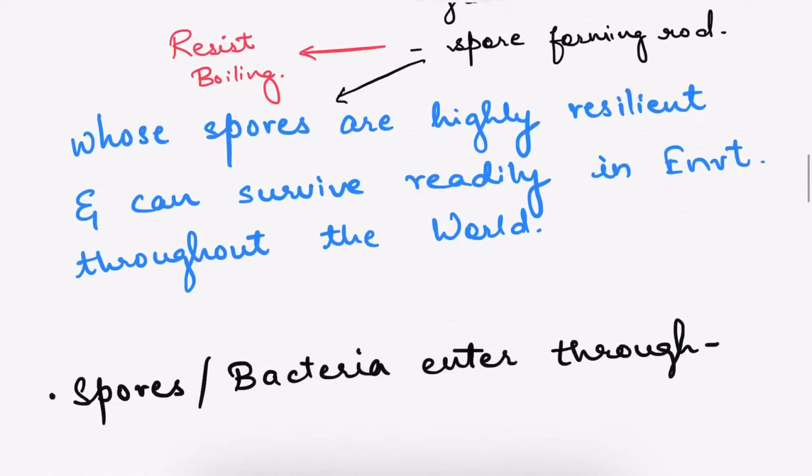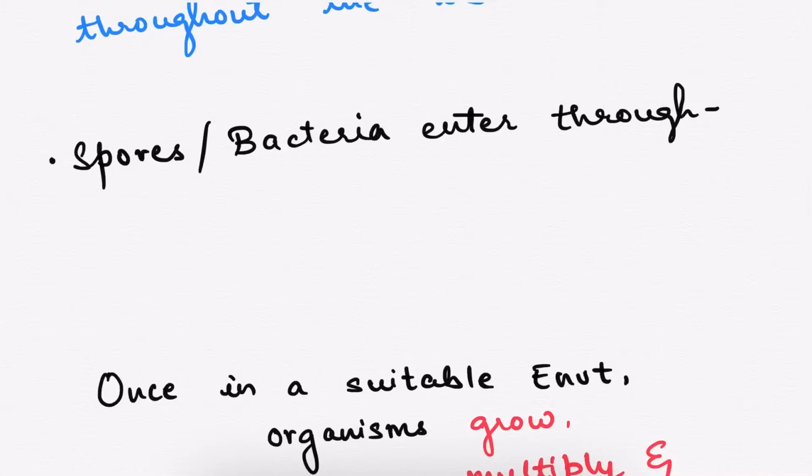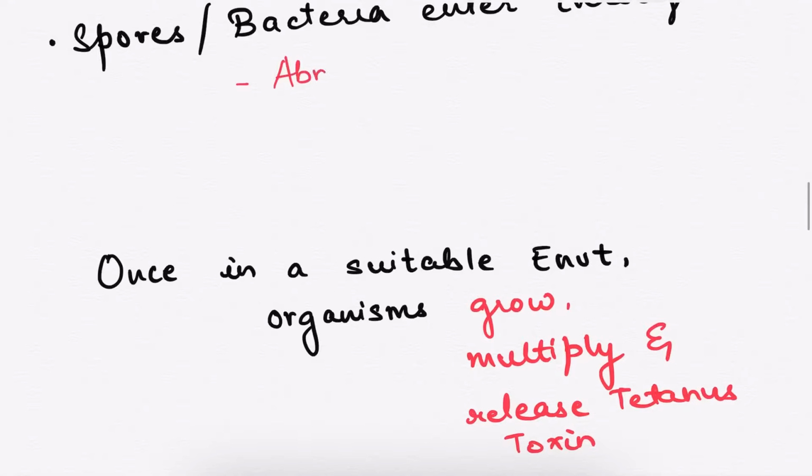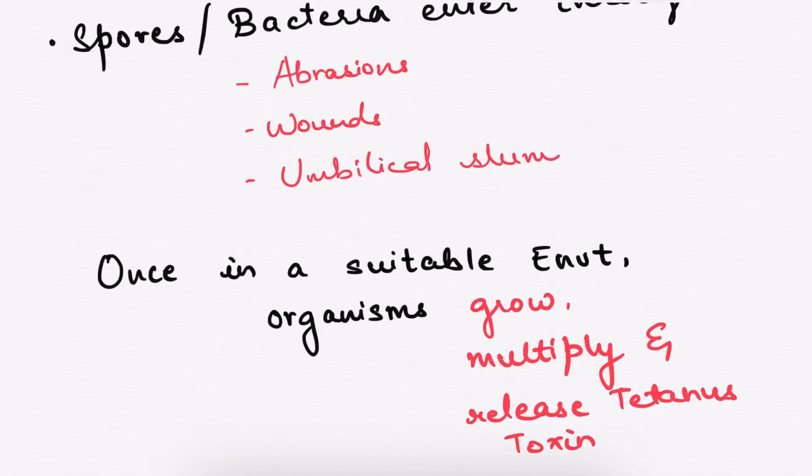These spores enter through abrasions, wounds or the umbilical stump. Once the bacteria are in a suitable environment, they grow, multiply and then release the tetanus toxin.